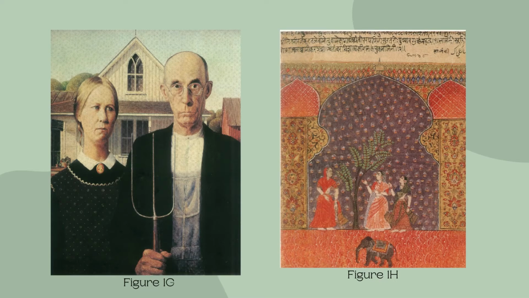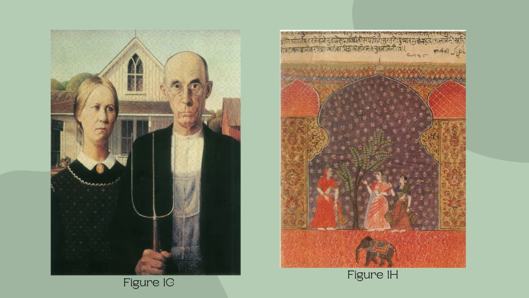So on figure 1G here, this painting, entitled American Gothic by Grant Wood, has become a symbol of what people mean when they talk about the good old days. It represents a Midwestern farmer and his daughter. The models were the artist's sister and his dentist.